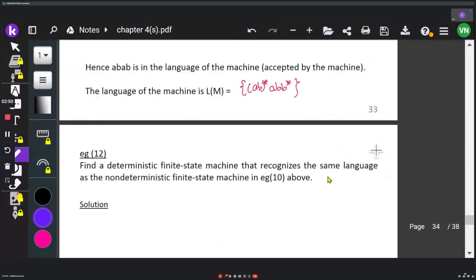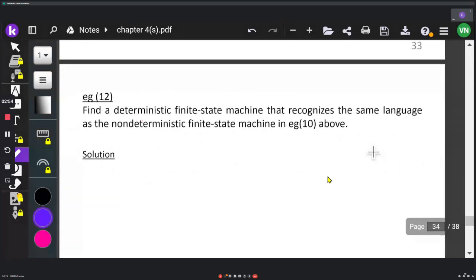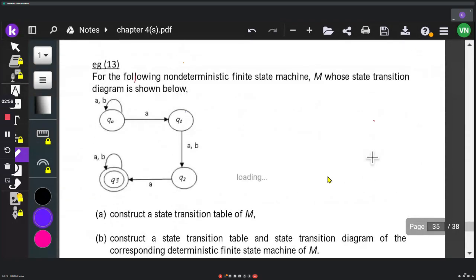So I will continue with this example here, where they ask for the non-deterministic finite state machine. This is non-deterministic, and they ask you to construct the state transition table of the machine.